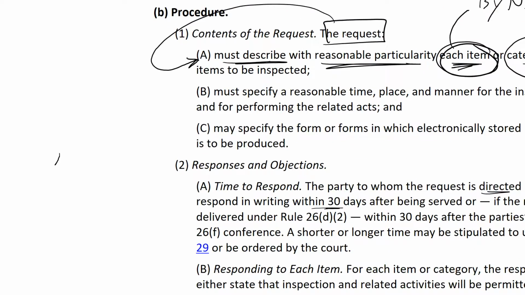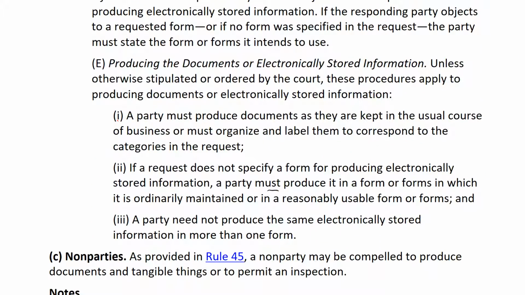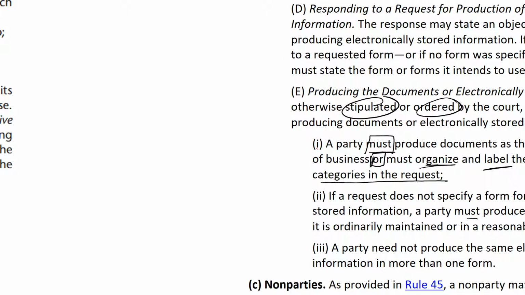34B2. All right. Unless stipulated or ordered by the court, a party must produce the documents as they are kept in the usual course of business, or must organize them and label them to correspond to the categories in the request. Okay? So, first thing to take from that is they have to be organized, right?